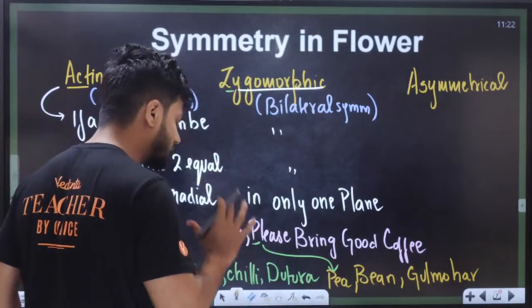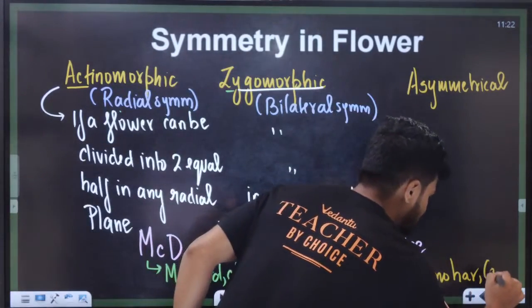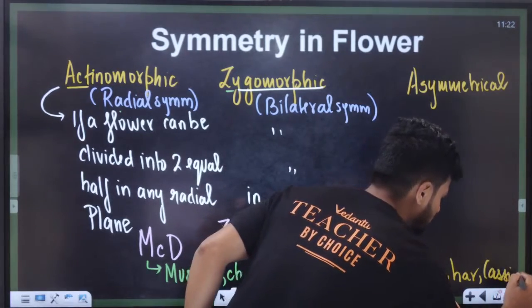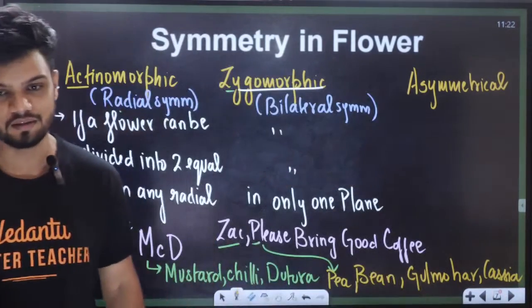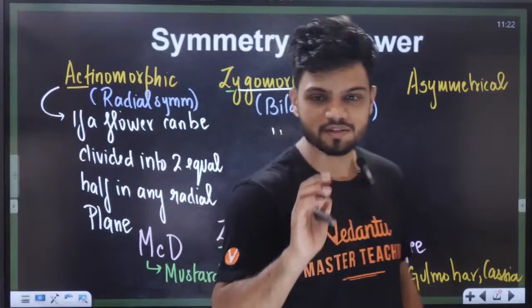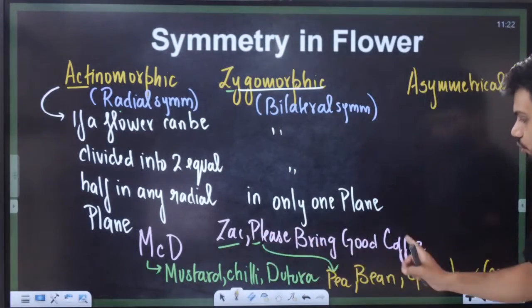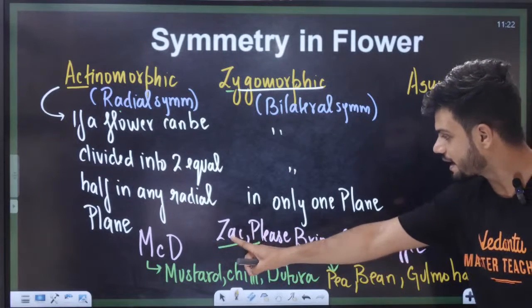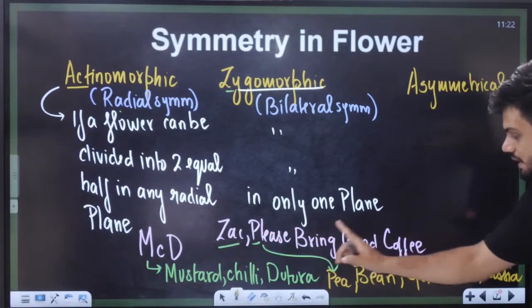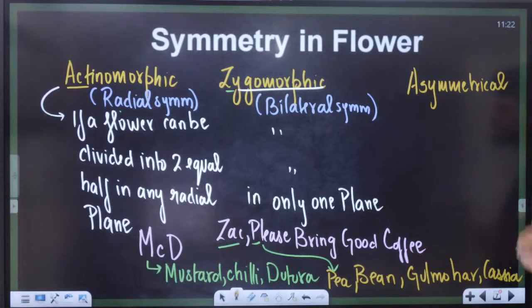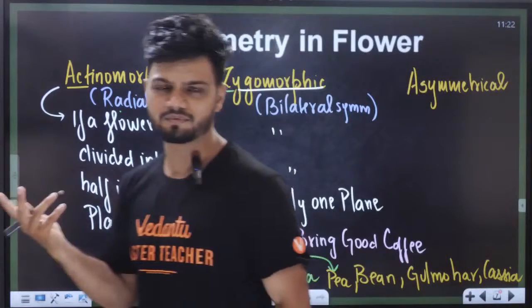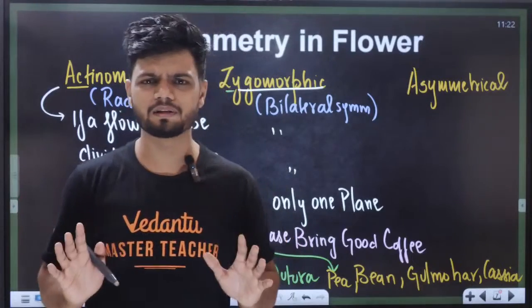C stands for cassia. Done, students. So what is the small trick here? The small trick here is, Zach, please bring me good coffee. That is zygomorphic, pea, bean, gulmohar and cassia. Small trick to remember. Very simple, very easy.